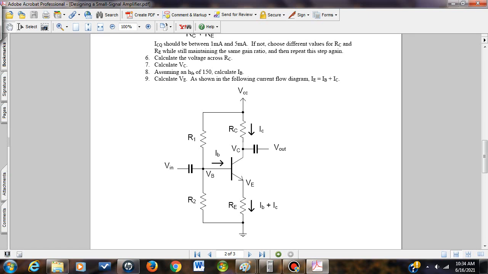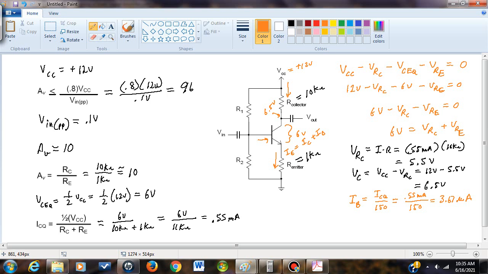Step number 9, we are to calculate VE, and to calculate VE, we need to figure out IE, where IE is equal to IB plus IC. So for IE, which is equal to IC plus IB, we're going to use the value of IB seen here, and IC, which is the ICQ value right here. We're going to add those up and come up with the IE value.